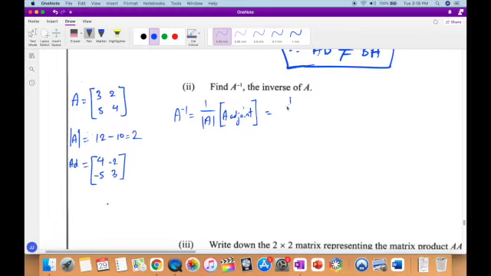So we have 1 all over the determinant multiplied by 4, negative 2, negative 5, and 3. And we can actually leave it like that. We don't have to, because you see this half here, if I multiply it throughout, I'll end up getting 5 over 2 and 3 over 2, and that just looks ugly. So we can just leave it like this. This here is the inverse of A.